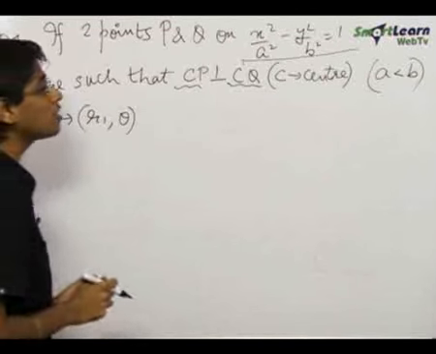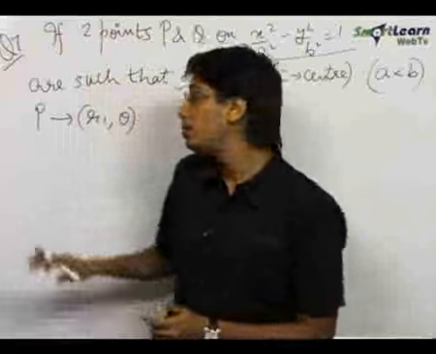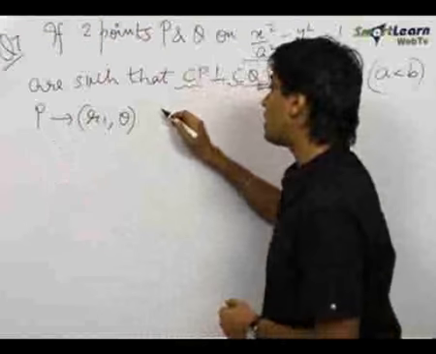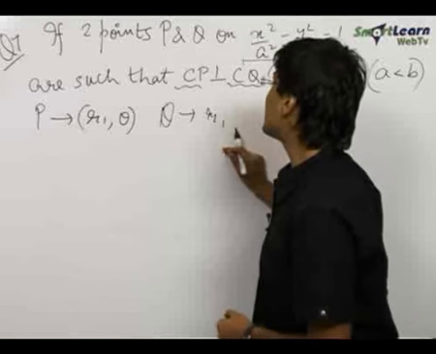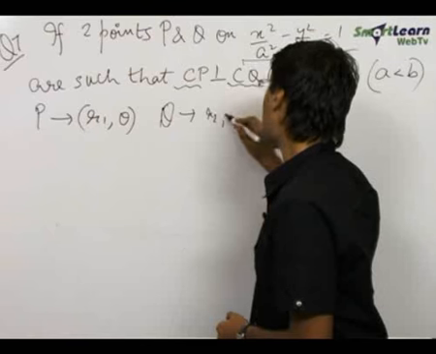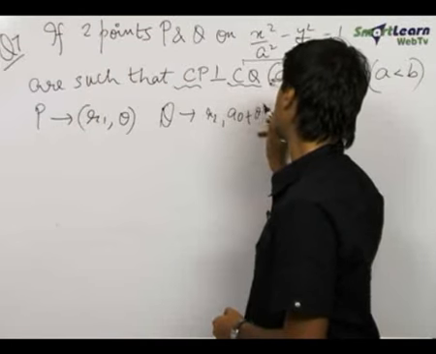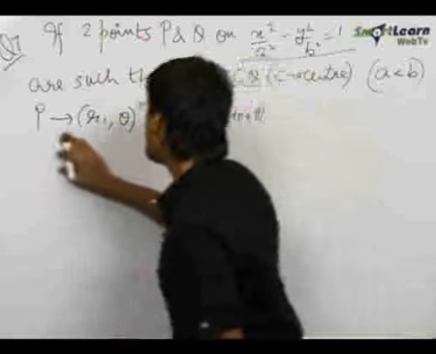We can use the parametric form of straight lines in order to solve this problem. P can be taken to be r1 comma theta and Q can be taken to be r2 comma, since CP is perpendicular to CQ, so Q will be r2 comma 90 plus theta. We can also take it equal to 90 minus theta. It will make no difference.